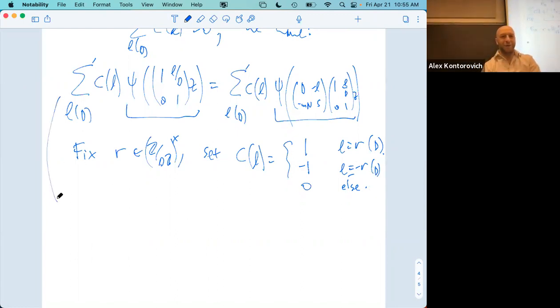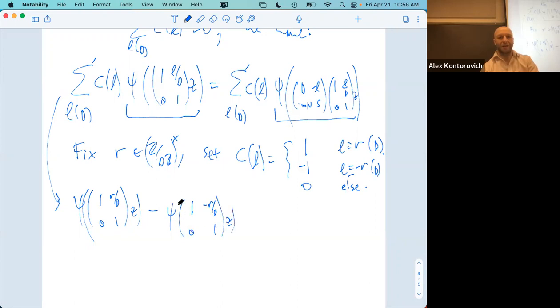Then what do we get from this formula? I only have two values here. When L is equal to R, I get psi of (1 R over D 0, 1) Z. When L is equal to minus R, I get it with a minus sign, minus psi of (1 minus R over D 0, 1) Z. That's the left-hand side.